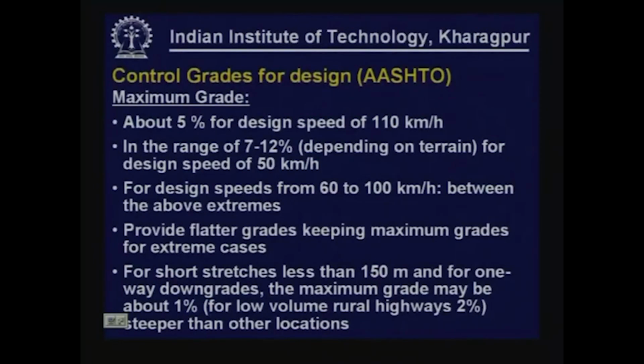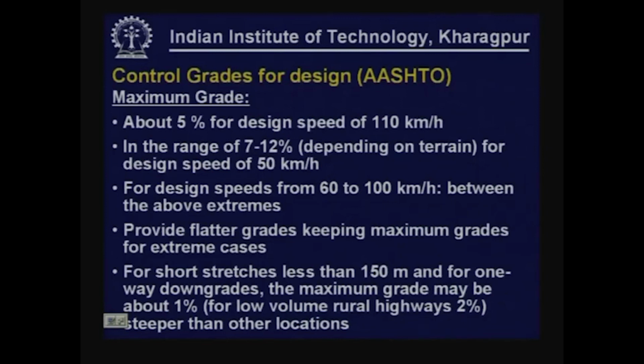About 5% grade is recommended for a design speed of 110 kilometer per hour. So, if the design speed is up to 110 kilometer per hour, 5% grade is acceptable. As the speed is less, obviously a steeper gradient can be used.